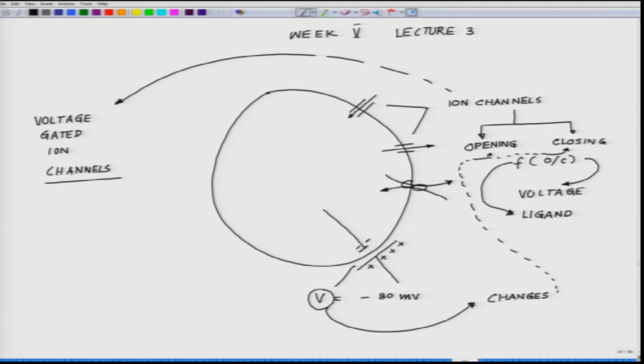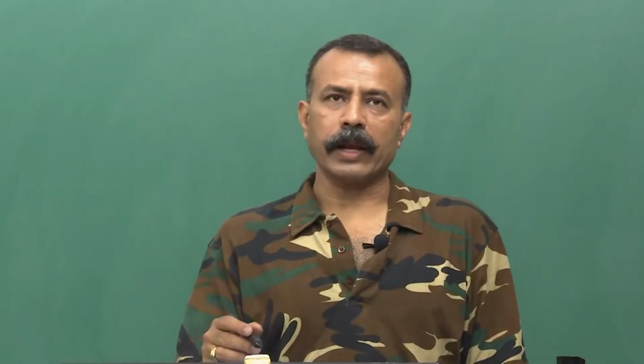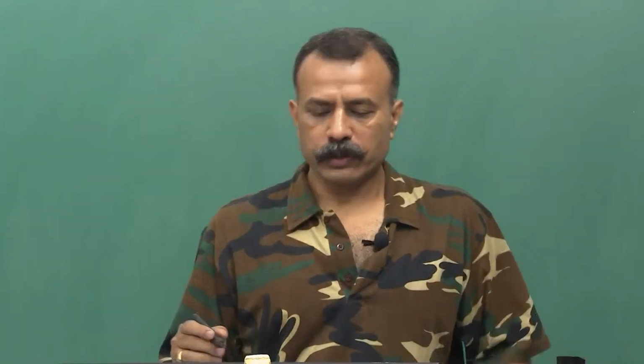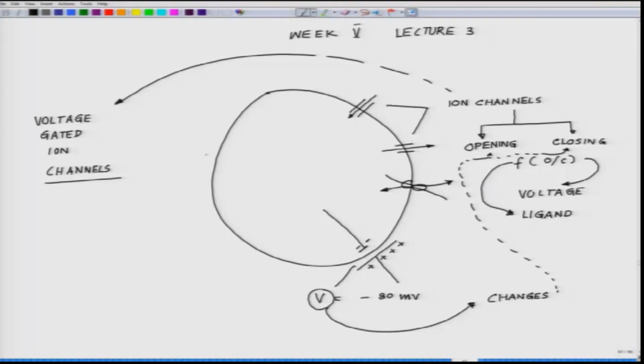Similarly, at times there are some ligands. Ligands means something which comes and binds to the cell, binds on the surface of the cell. Upon binding of certain things, these channels get opened or closed. So, say for example, suppose here you have a channel like this, which is supposed to allow the ionic flux to move from outside to inside, and this is outside the cell and this is inside the cell.